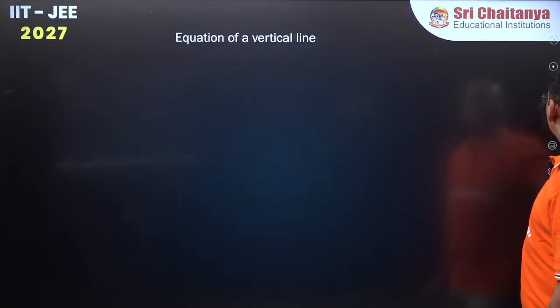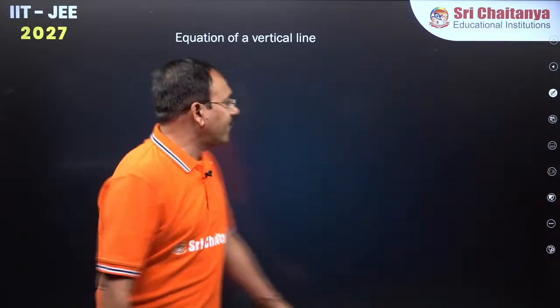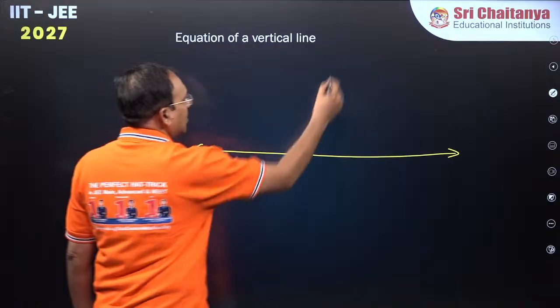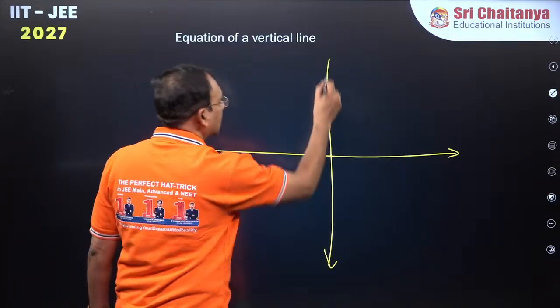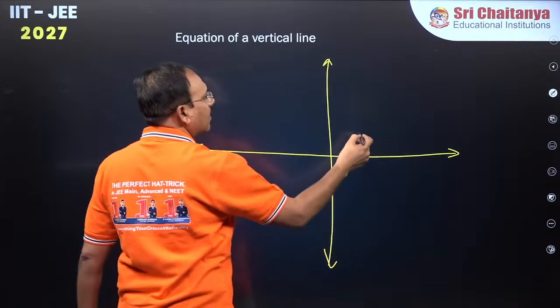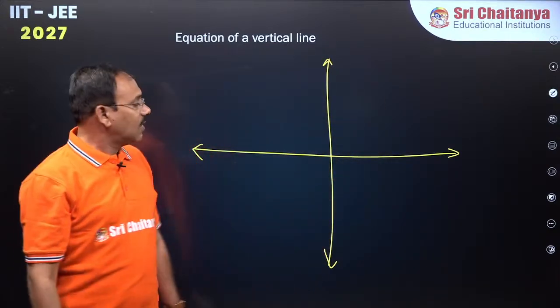Then, dear students, what about the equation of a vertical line? Here vertical in the sense, dear students, the x-axis is horizontal, the y-axis is vertical. Now you take some line which is parallel to the y-axis. First of all, let me talk about the y-axis.